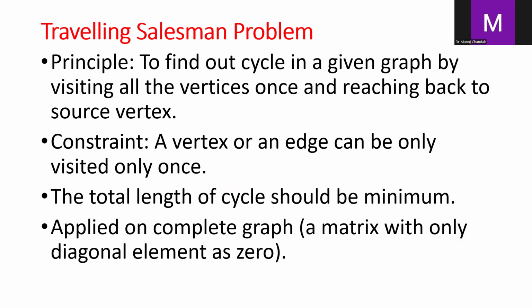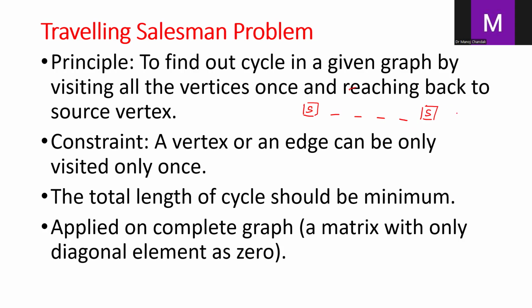In this problem, the idea is to find a cycle in a given graph by visiting all the vertices of the graph once and again coming back to the source vertex. It's basically a kind of circular linked list which starts with a source vertex, visits all the vertices of the graph, and ends back at the source vertex.